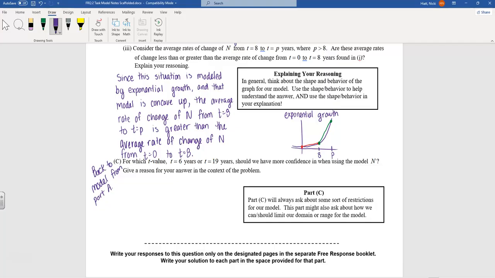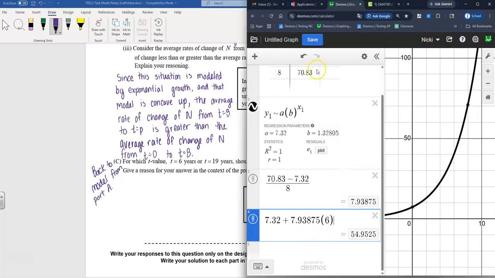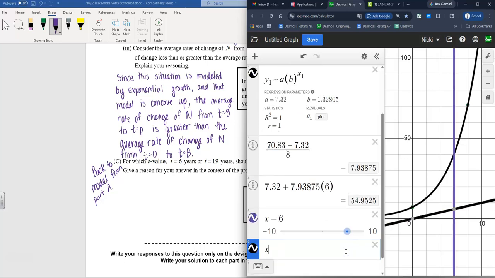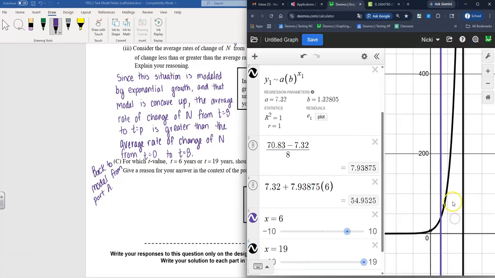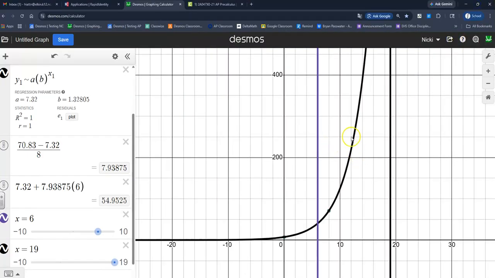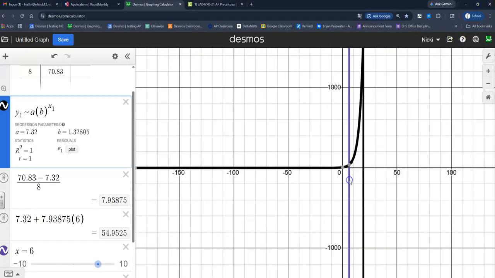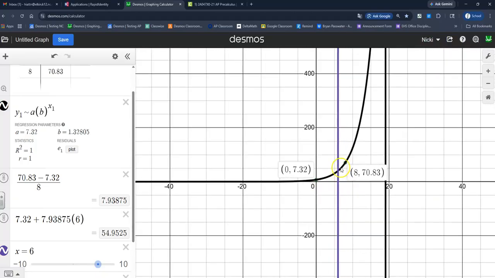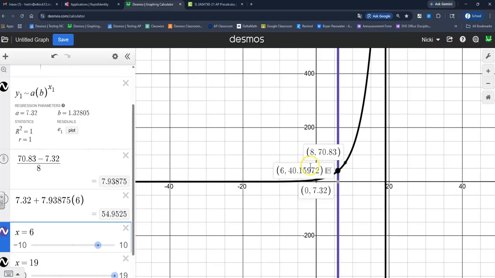So I'm going to go over here. I think this will be insightful. I'm going to type in x equals 6 and x equals 19, and that's going to put me two lines right here. At 6, I had 40.15972 million subscribers, right?